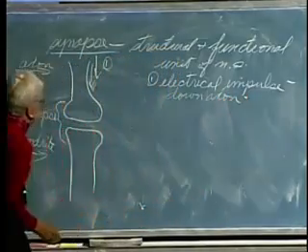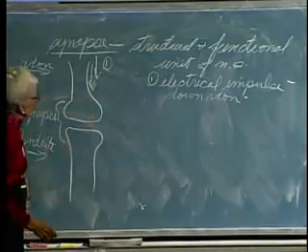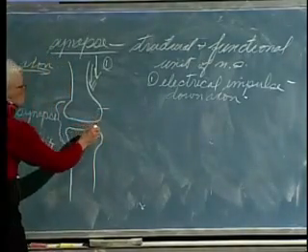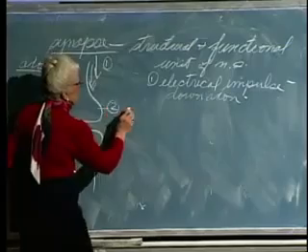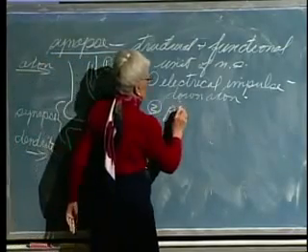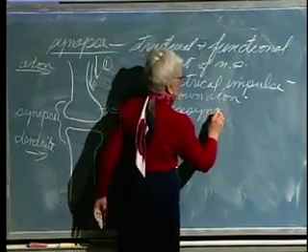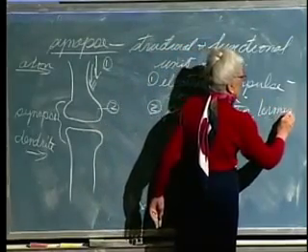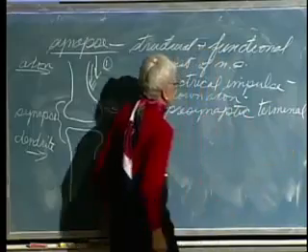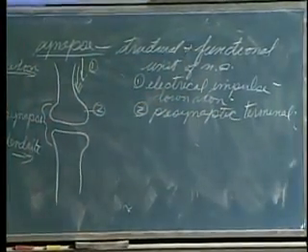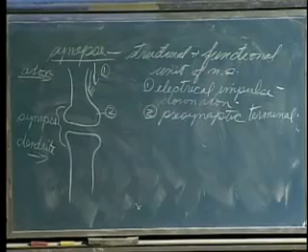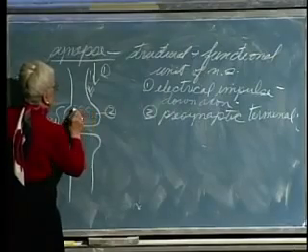And then we come to what's called the presynaptic terminal. If this is my synapse in here, this is my presynaptic terminal. And the presynaptic terminal is filled with little packets of neurotransmitter, vesicles. So we're going to put in vesicles.